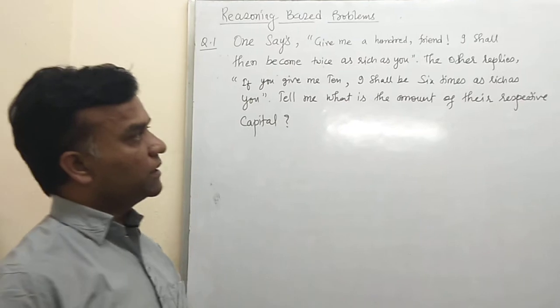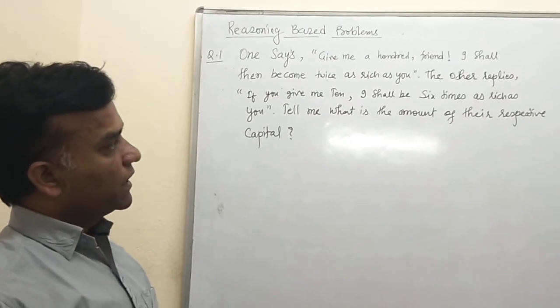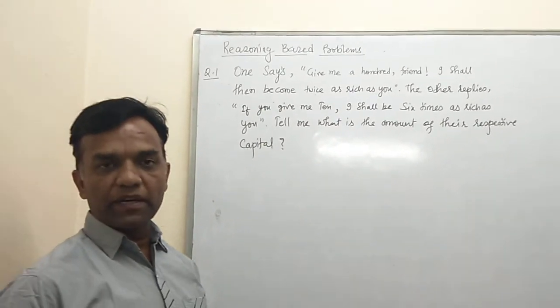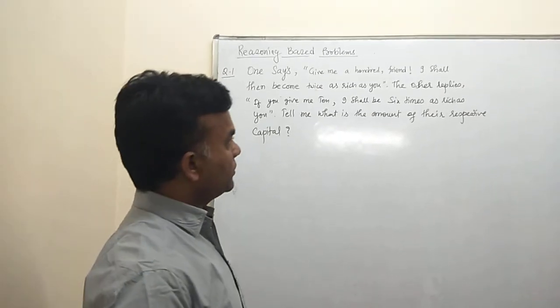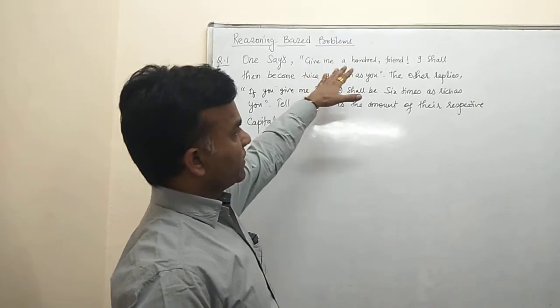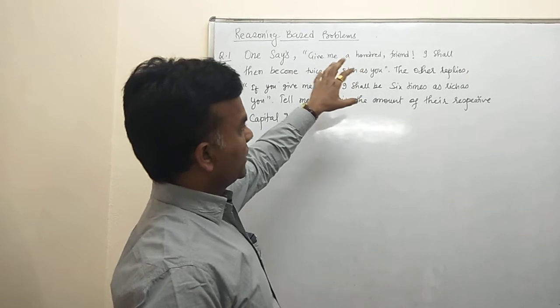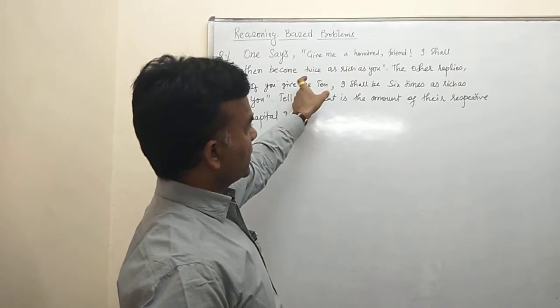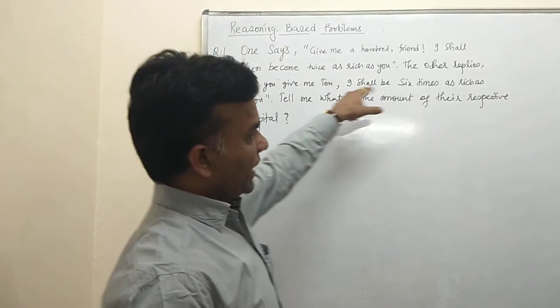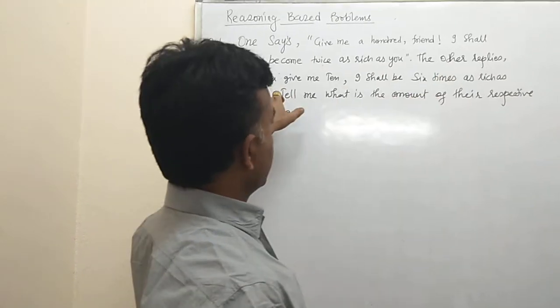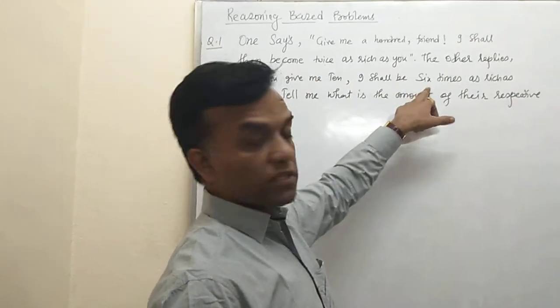So in this question, everything is related to capital. It means it relates to some amount, because the first friend gives 100 and then the second friend becomes, under some condition given like twice here. The second one replies, you give me 10, then there is one condition here also.